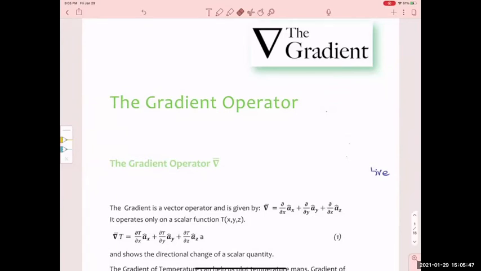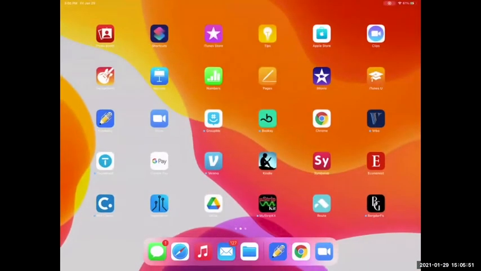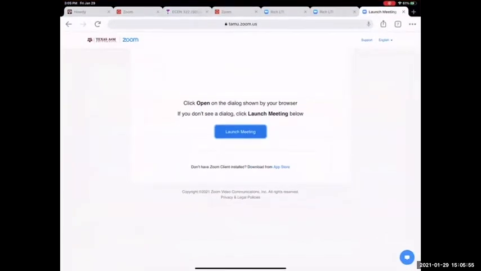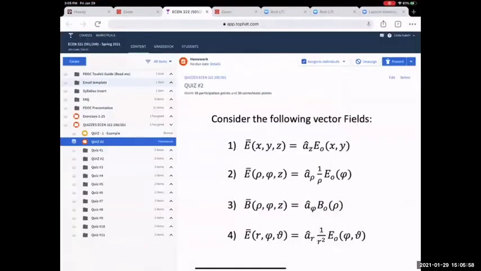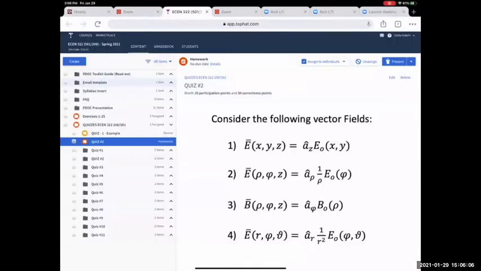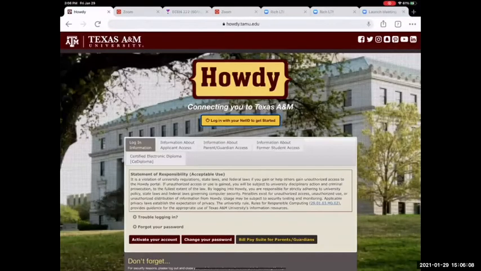So you want me now to go to the Zoom, all right? In fact, not to Zoom, excuse me. That is not the one I'm looking for. Howdy.